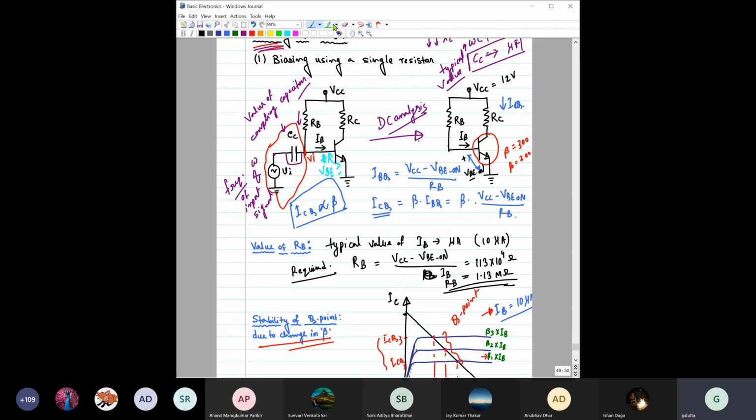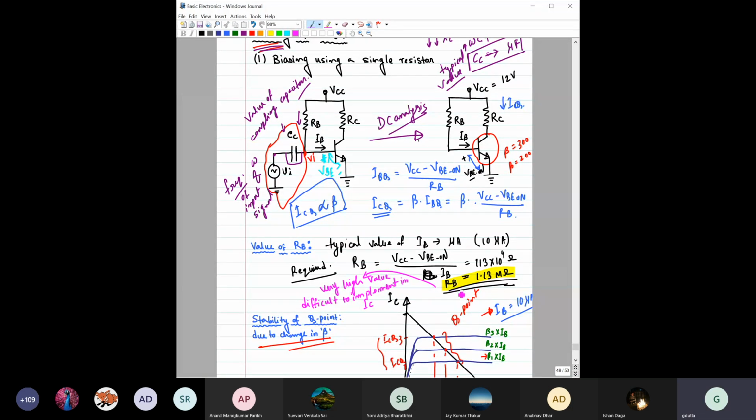See here, this is the cost. If you connect it like this, then the value of RB has to be extensively high, in the mega ohm range. Very high value, difficult to implement in integrated circuits.